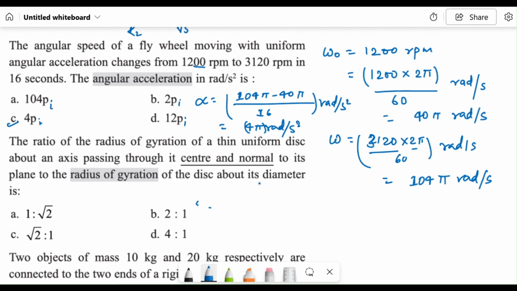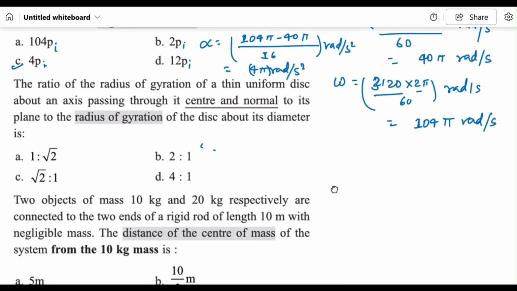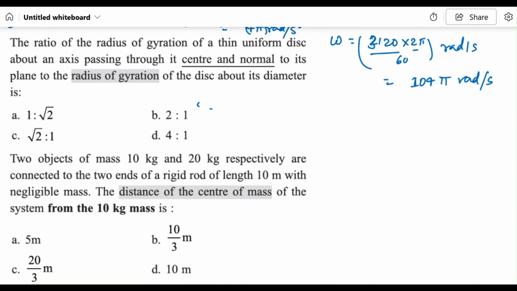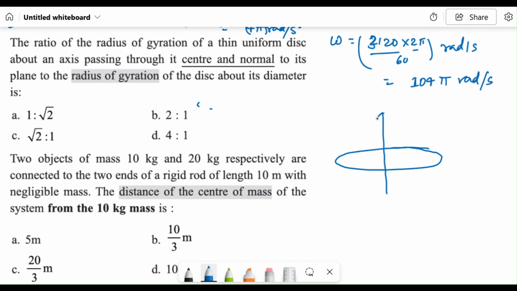These two we have to find the ratio of. So we have a disk here, and there is an axis of rotation passing through its center and perpendicular to its plane. Let's say this is the z axis. So Iz will be m r square by 2. We have already seen this.